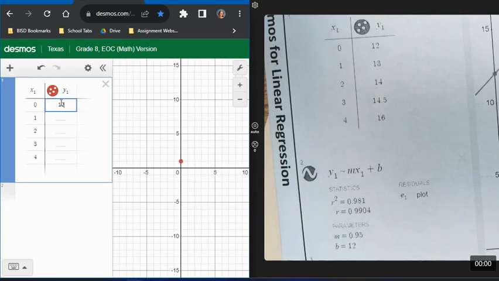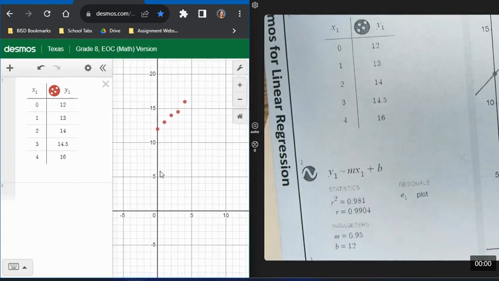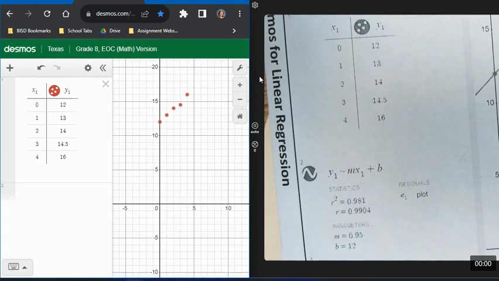And then put in the Y. As you put them into the table, it actually plots the points on the grid or on the graph.